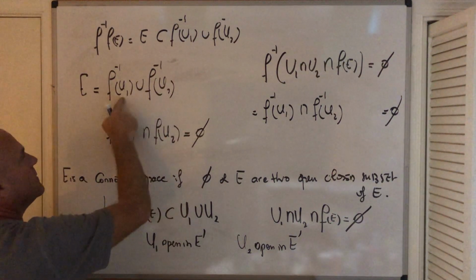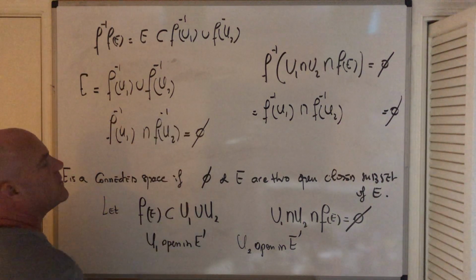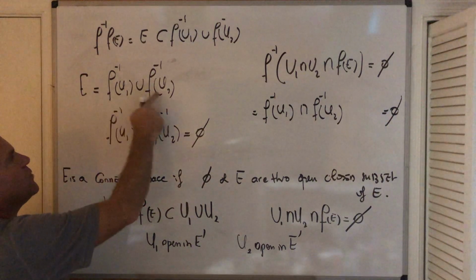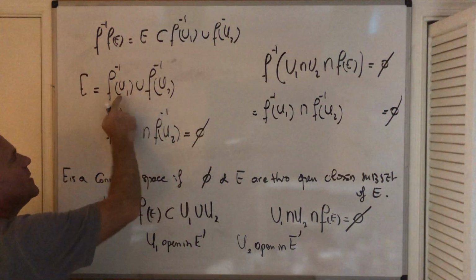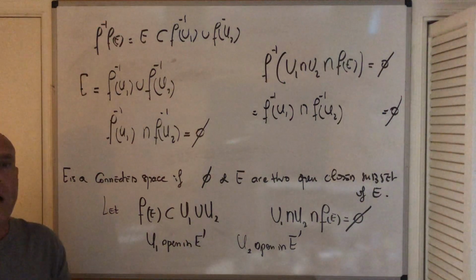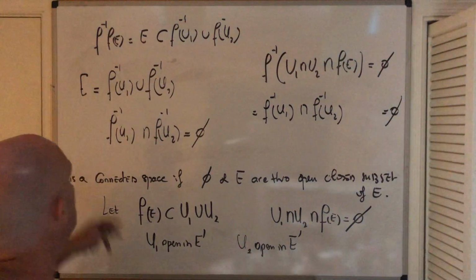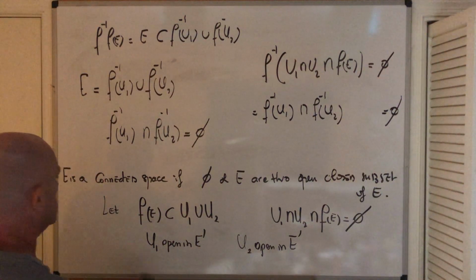These are open sets which cover E completely. Both sets do not intersect. So this one is closed, this one is open, this one is closed, and this one is open. Both are closed and open, and they don't intersect. Well, I'm sorry, one of them has to be the empty set. So let's say f minus 1 of U1 is empty.